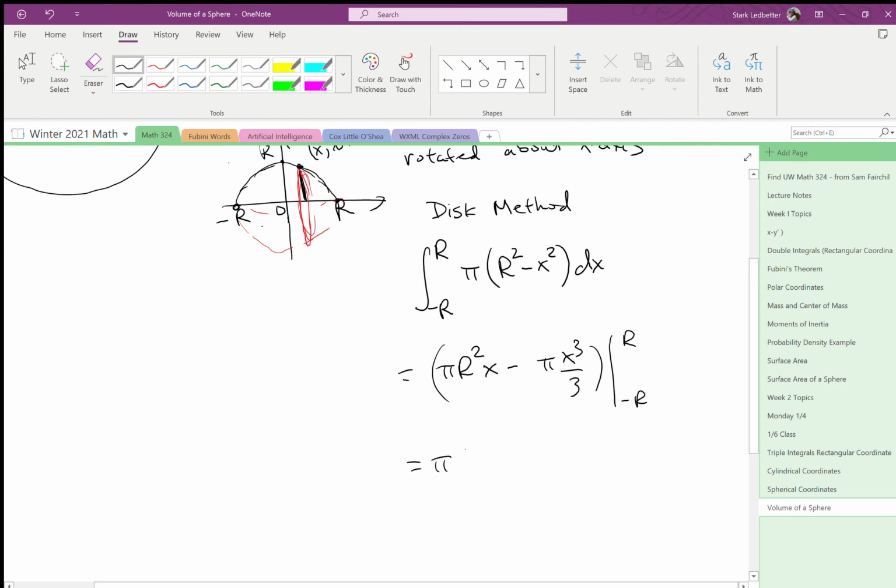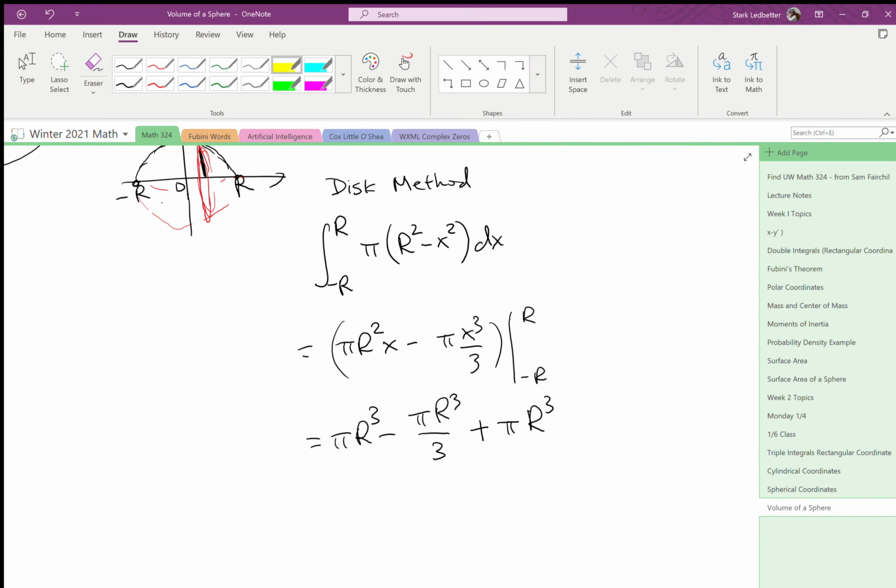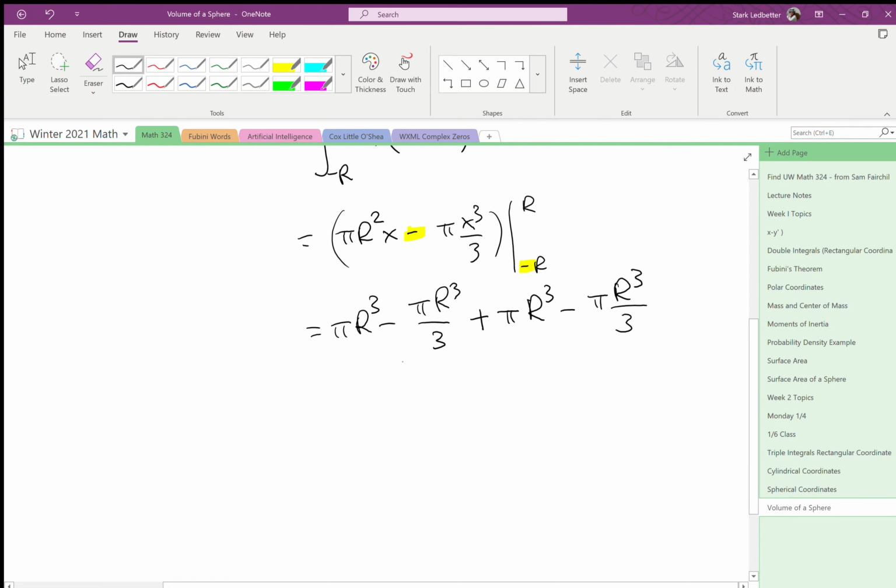Putting in r, we get pi r cubed minus pi r cubed over 3, minus, but then we're putting in negative r for x, so it actually turns out to be plus pi r cubed, and then we have minus, and we have this minus sign, and we have a negative r cubed, so there's an odd number of minus signs, so that turns out to be negative pi r cubed over 3. And each of these is 2/3 pi r cubed, so we get a total of 4/3 pi r cubed.